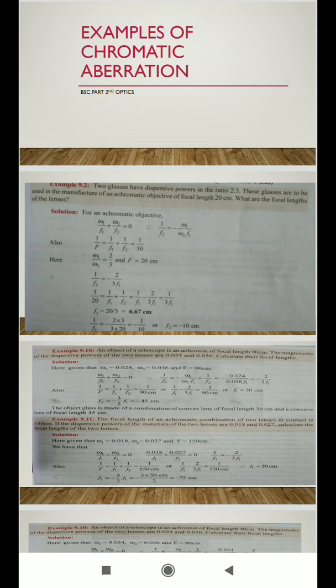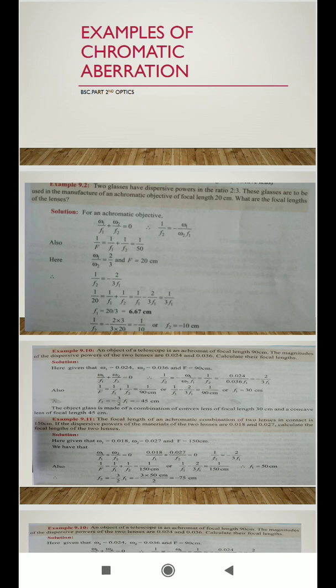It is given that these lenses are in contact, and the condition for this is omega 1 upon f1 plus omega 2 upon f2, the same as in the example above. So in this case we can obtain 1 upon f2 is equal to minus 2 upon 3 f1. Total focal length 1 upon capital F is equal to 1 upon small f1 plus 1 upon f2, and by this we can obtain f1 is equal to 30 centimeter.